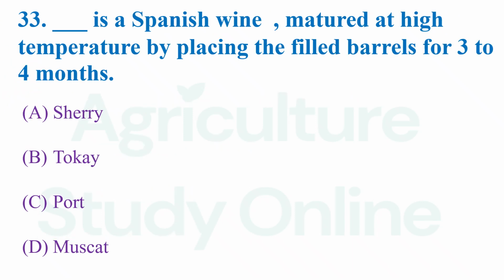Question number 33. Dash is a Spanish wine which is matured at high temperature by placing the filled barrels for 3 to 4 months. So it is sherry. Sherry is a traditional Spanish wine from Andalusia, and it undergoes a unique aging process that is known as Solera system.